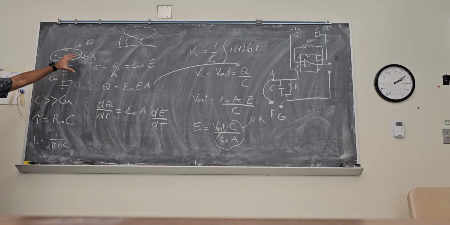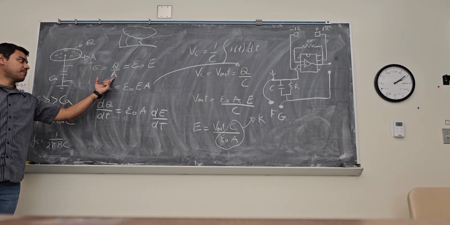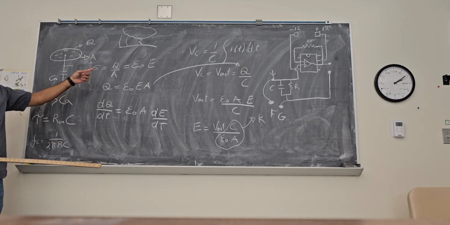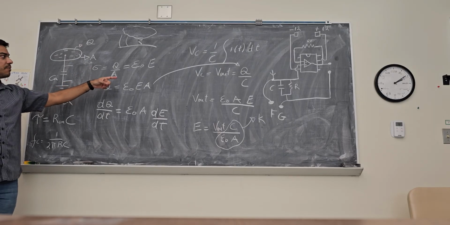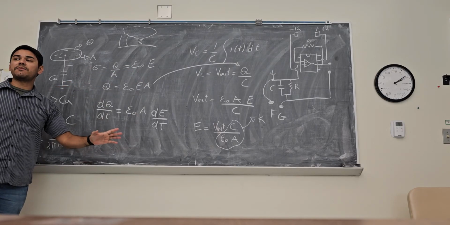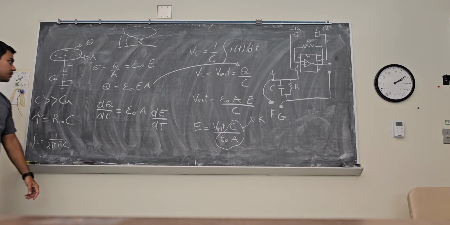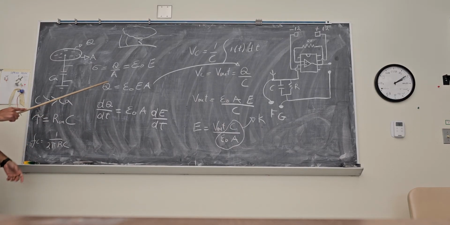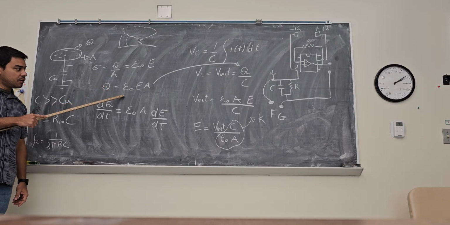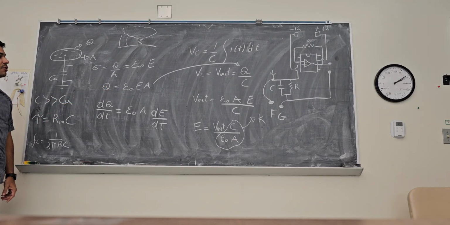Okay, so we have a certain amount of charge that was induced in your antenna, and if we divide it by the area of your antenna, you have sigma, and that sigma is equal to epsilon naught times E. Okay? Good. Well, if we solve this for Q, we have that Q is equal to epsilon naught E times A. Okay?